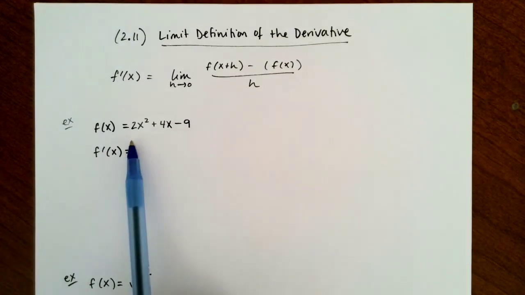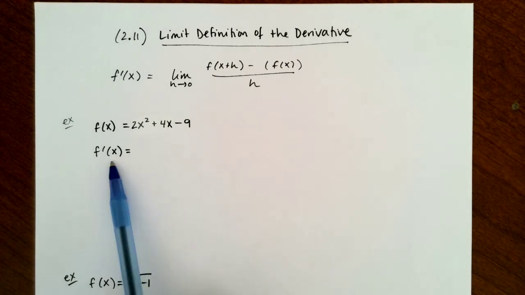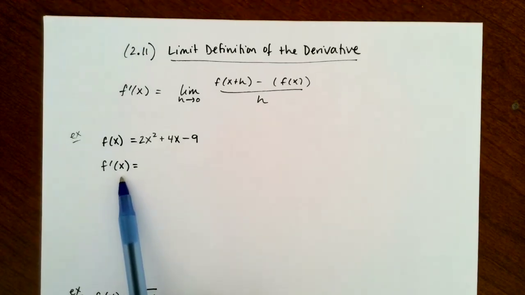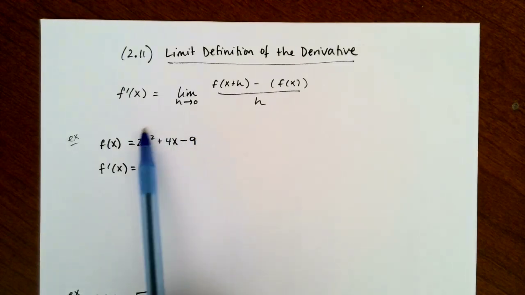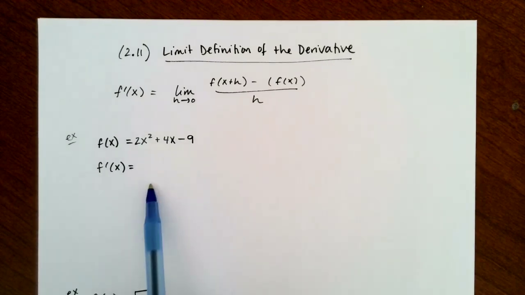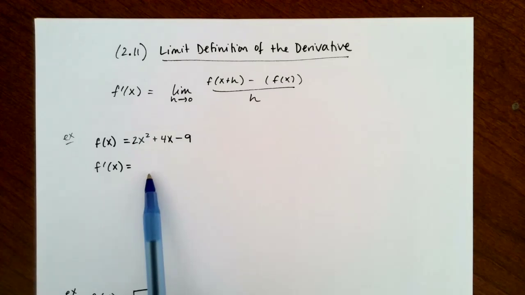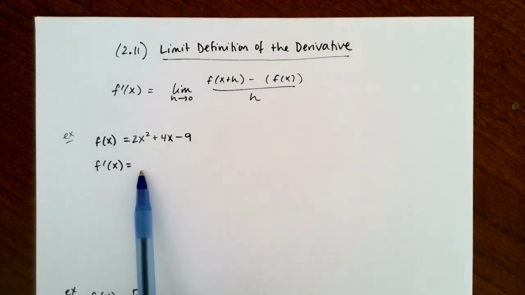So for this function, 2x squared plus 4x minus 9, we could absolutely compute f prime of x using the 2.10 definition with f of x and f of a, but we would have to do factor by grouping in the numerator to factor the top and cancel our numbers. If we do it this way, we can completely avoid the factor by grouping, which is nice.